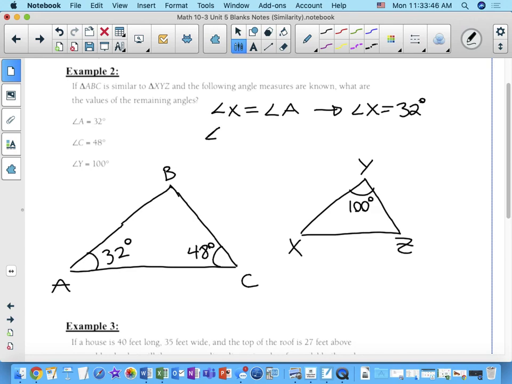What angle would that equal? It equals 48. It's the same as angle C. Okay, so angle Z is 48 degrees. And what would angle B equal? 100. Yeah, because it's the same as angle Y.